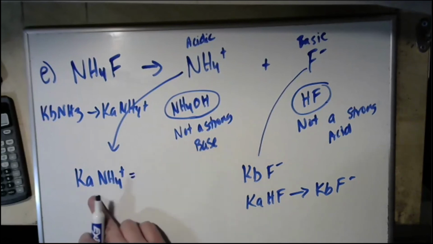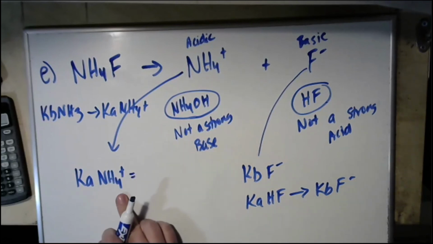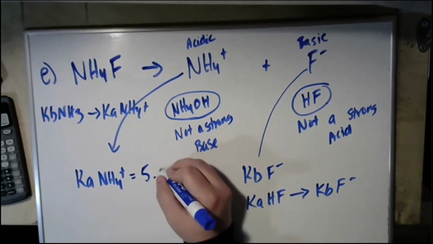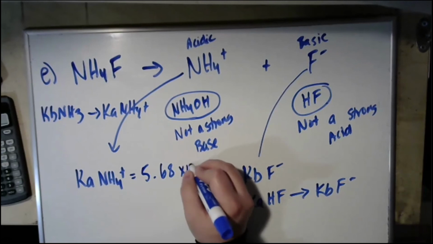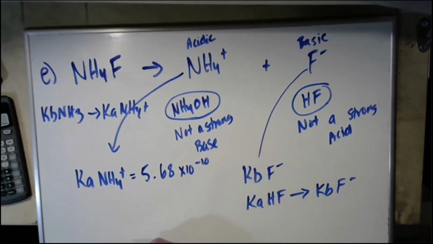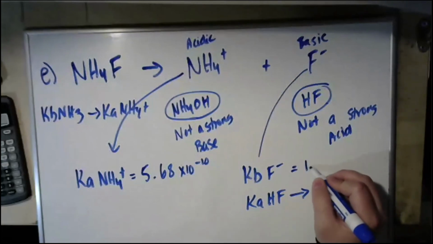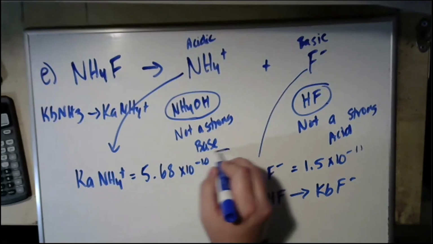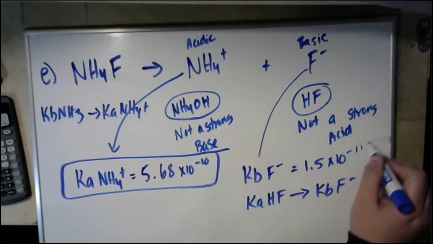If you look at the Ka of ammonium, it's going to be 5.68 times 10 to the negative 10. If you look up the Kb for the fluoride ion, it's going to be 1.5 times 10 to the negative 11. You're literally going to compare these two values and see which one's larger.